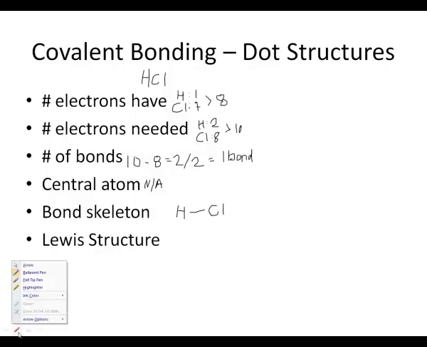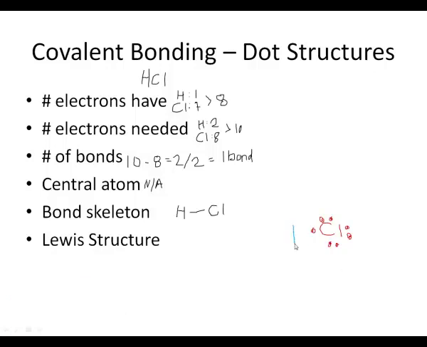Alright, next up I've got to translate this bond skeleton into a Lewis dot structure. This is another time where I like to color code. First thing I'm going to do is draw my chlorine. And my chlorine has 1, 2, 3, 4, 5, 6, 7 valence electrons. The only thing that's left now is to fill in my hydrogen.